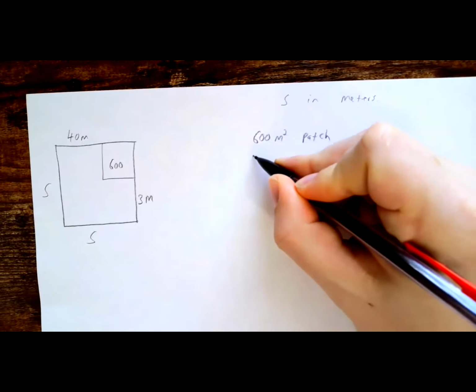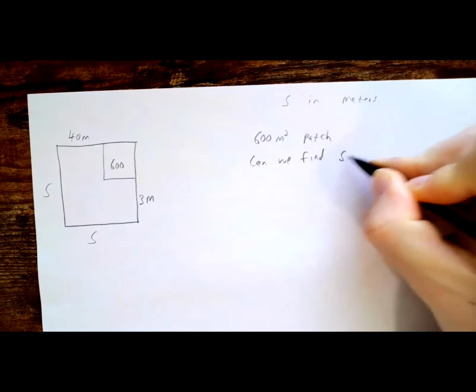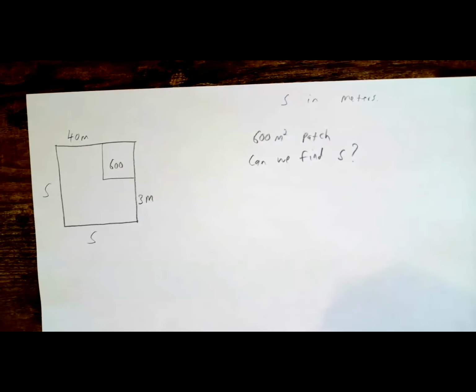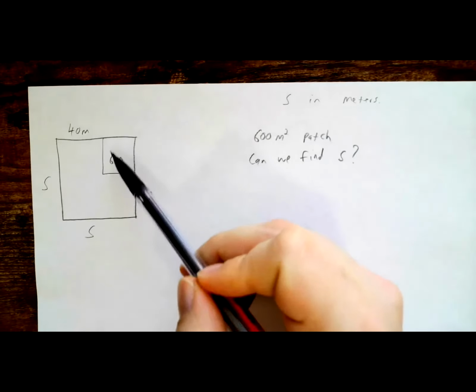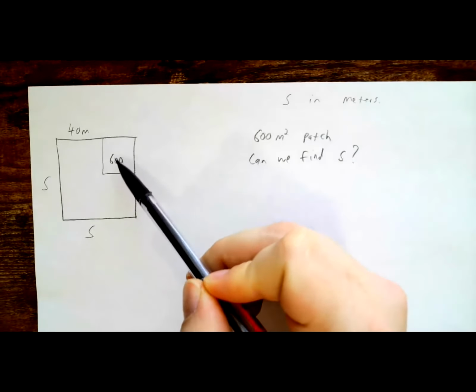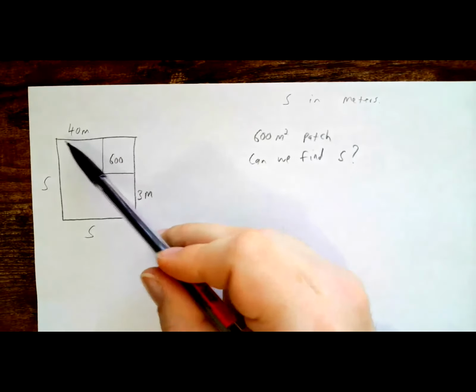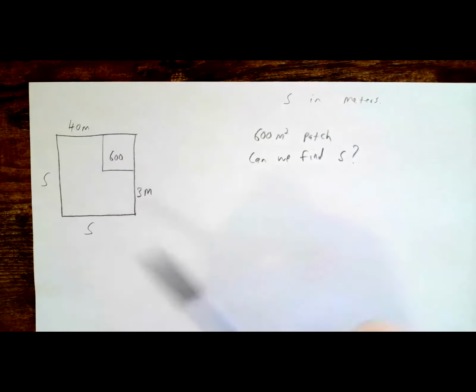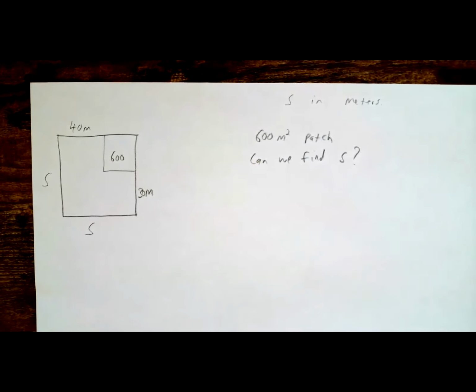So the question is, can we find the side length S? So given that we want to build a square garden with a 600 meter square rectangle, giving us 40 meters left over on one side and 30 meters left over on the other side.